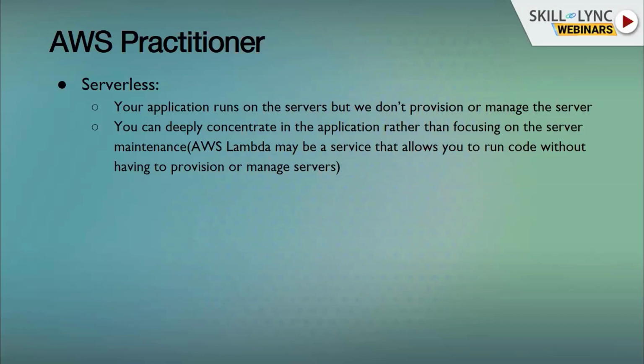You just write the code and deploy it in a function. It will run and provide the result. That is called Lambda, AWS Lambda. You pay only for how many hours you use the Lambda functions.